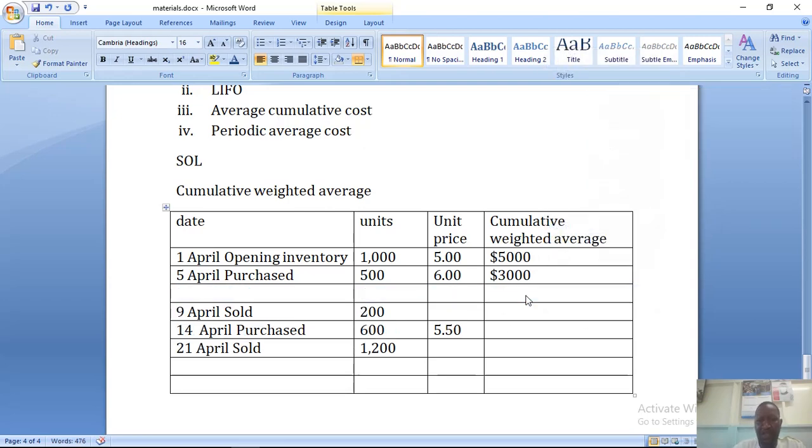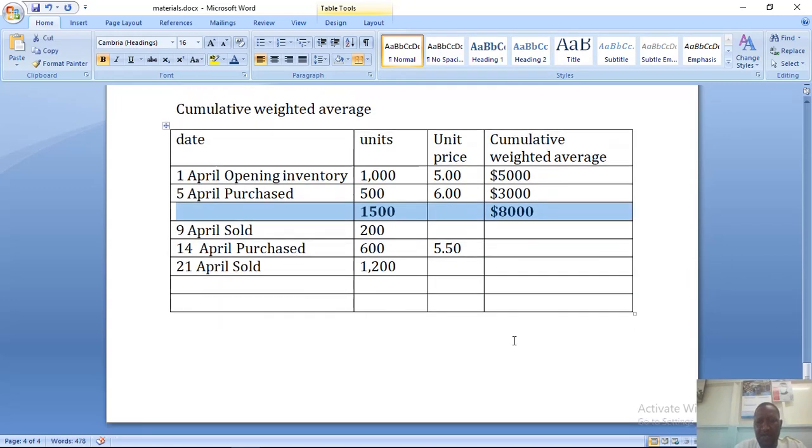So the total value of the units in inventory is $8,000, and the total number of units is 1,500 units. These are the totals.